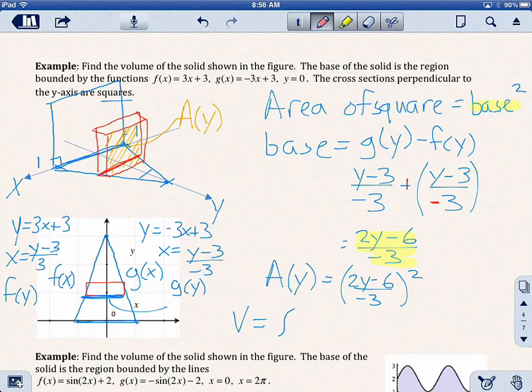So if we're taking these rectangles, we're going to take them from here all the way up to here. So we're going from y equals 0 up to y equals 3. Okay, so the volume is the definite integral from 0 to 3 of A of y, which is 2y minus 6 over negative 3 squared, with respect to y. And when we evaluate this, we actually get a volume of 4 cubic units.